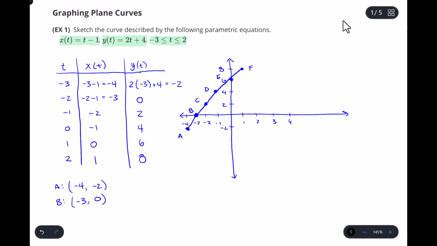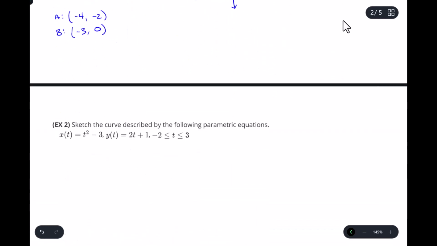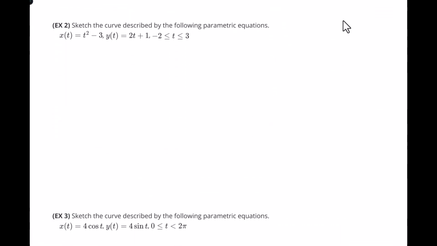Okay, let's try another example. We want to sketch the curve described by the parametric equations x of t equals t squared minus 3, y of t equals 2t plus 1, and t going from -2 to +3. So we start off with a table.